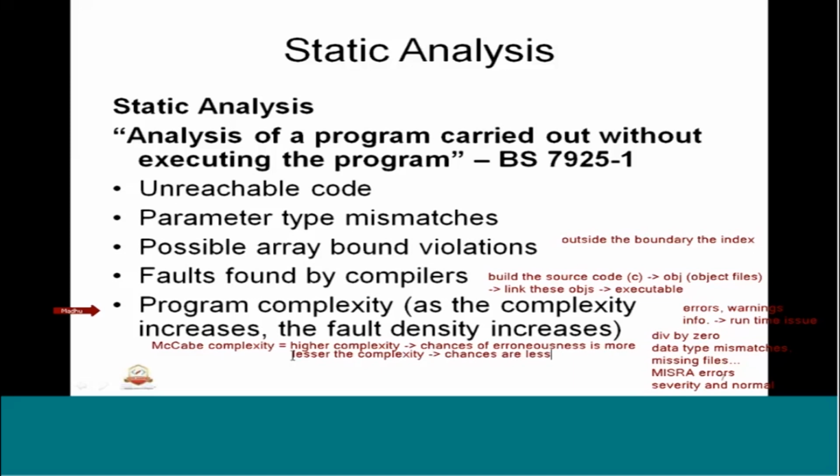That means a high complexity program has a lot of conditions, a lot of if statements, while loops, cases, etc. So there is a possibility that the program has become complex, and the number of lines, of course, also comes into things.